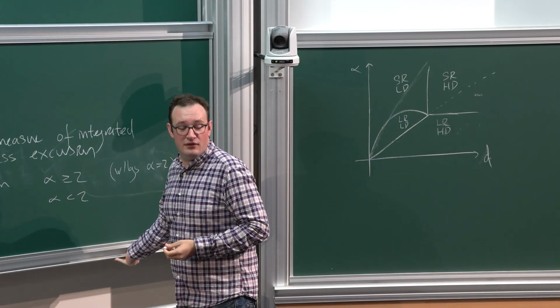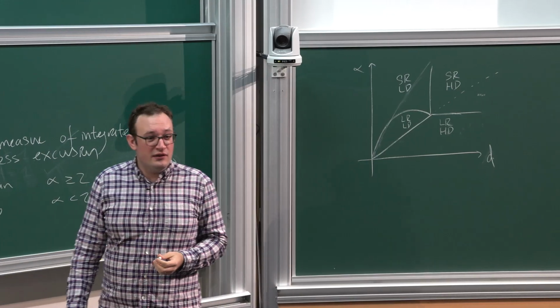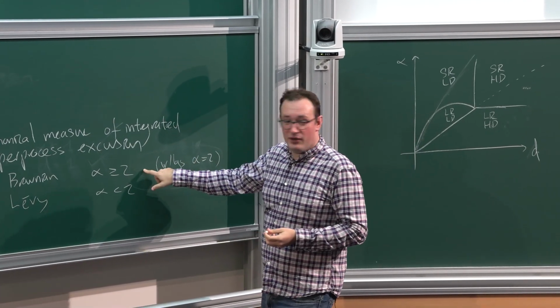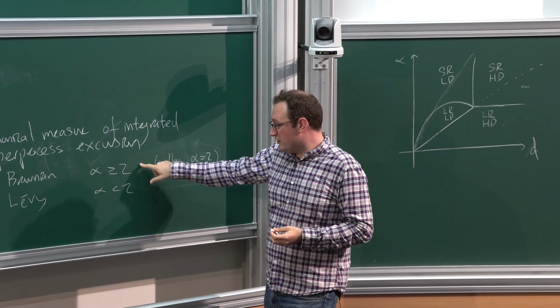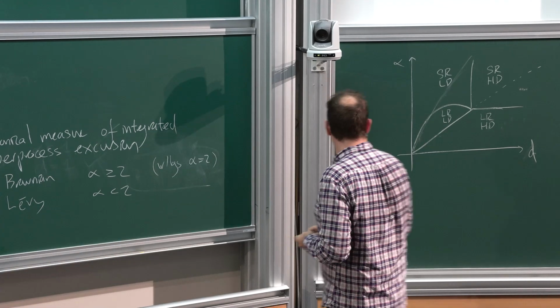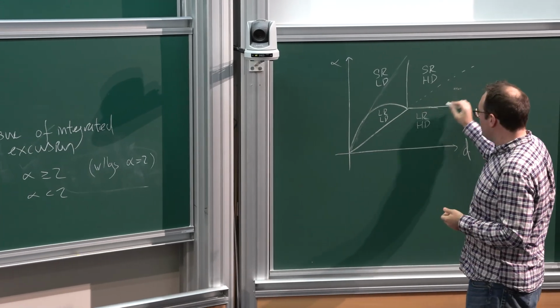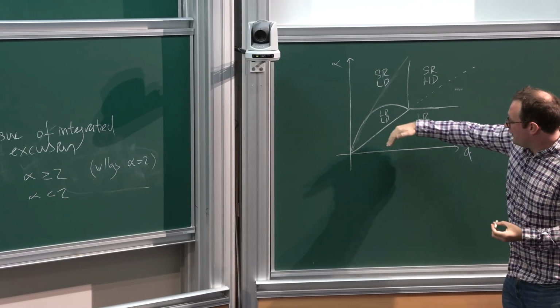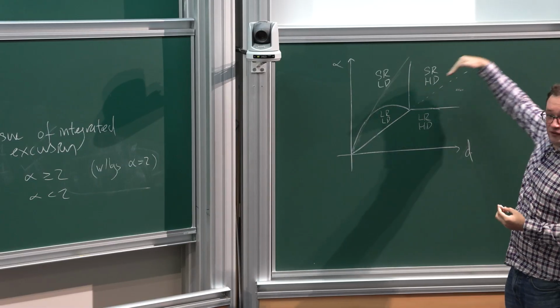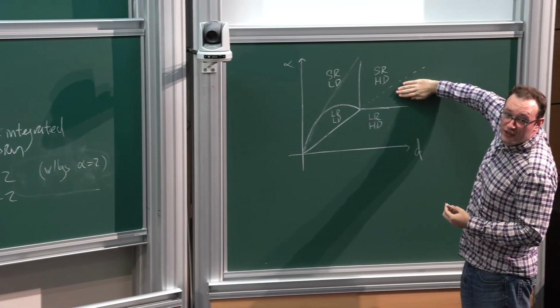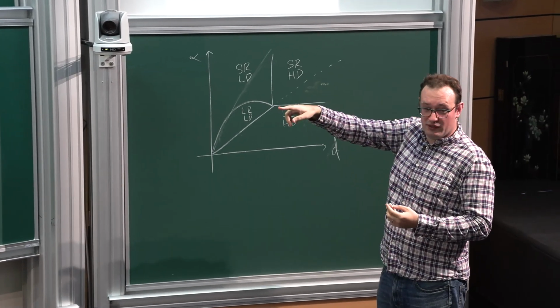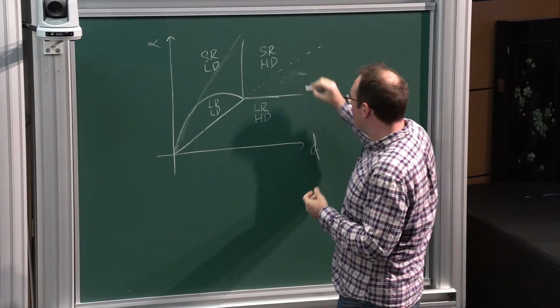Because you said it's short range, but you still see Lévy. You get the Brownian. The transition to short range is at alpha equals 2. And where is it on this picture? So the theorem applies whenever you're below this line. But in this cone here, you're effectively short range, but the theorem still applies and you get Brownian.